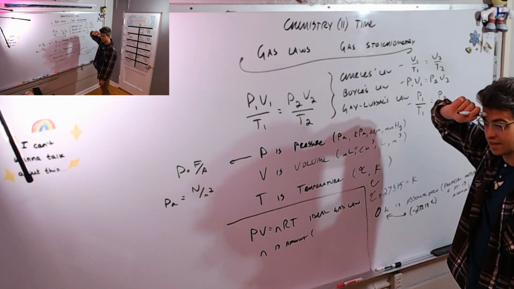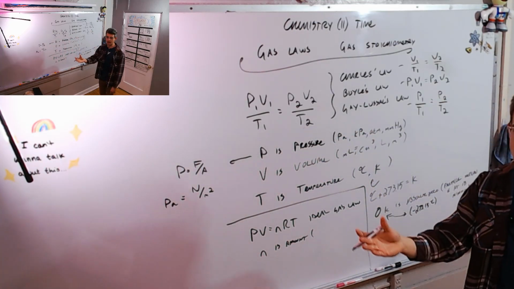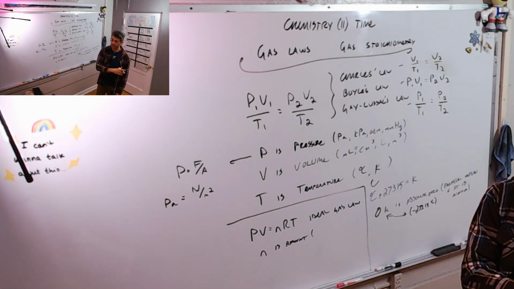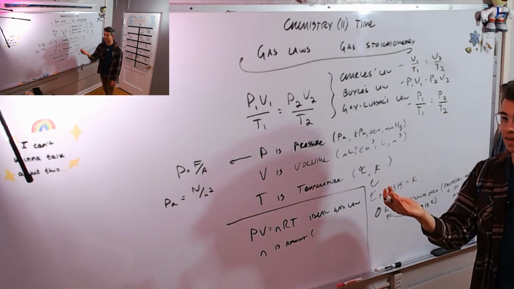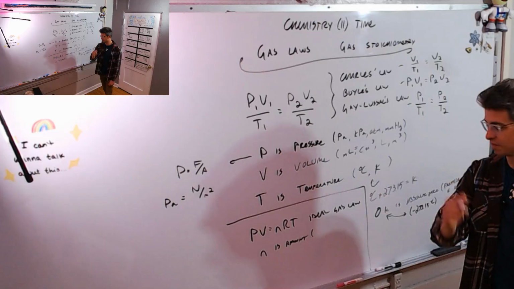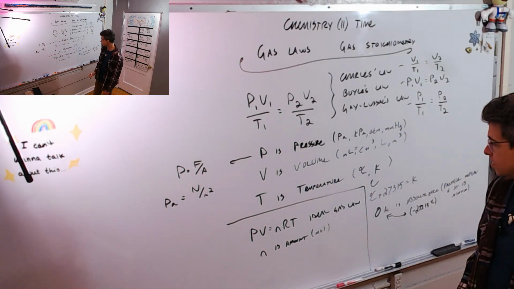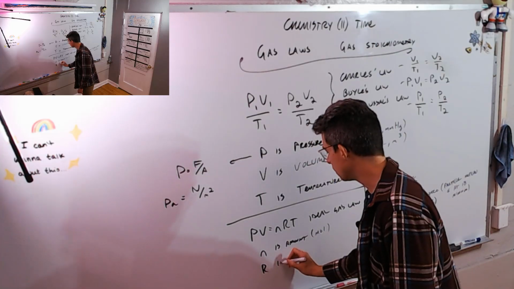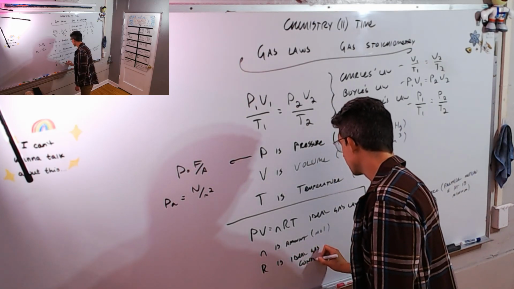Nope, in chemistry. What do we use to measure amount? How many atoms there are? We don't say there are this many atoms because there are too many, and so we measure it in a big number. Mole, there you go. So N is amount measured in moles, and R is what we call the ideal gas constant.